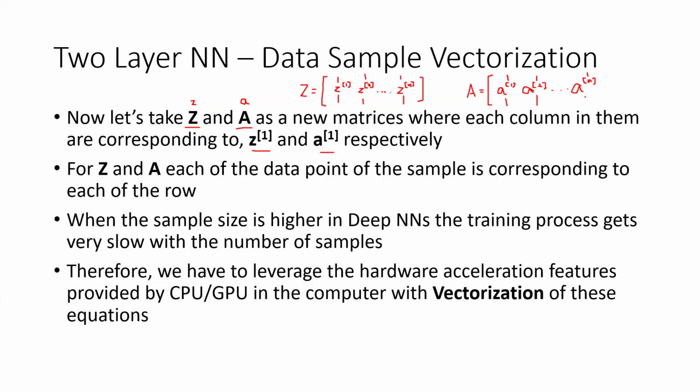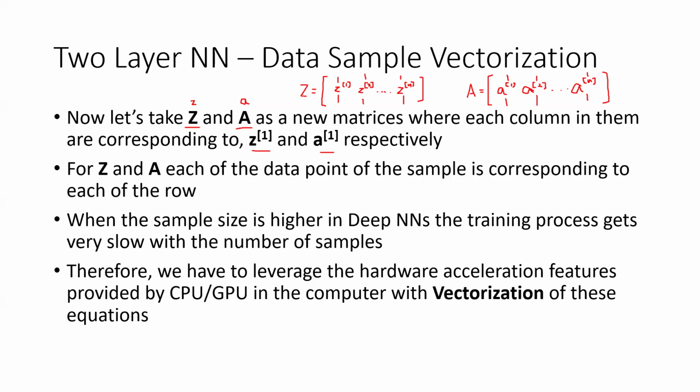So each of the columns in the capital A matrix would be representing A1, A2, up to AN, right? This is the new notation that we are taking. For Z and A, each of the data points of the sample corresponds to each of the rows.